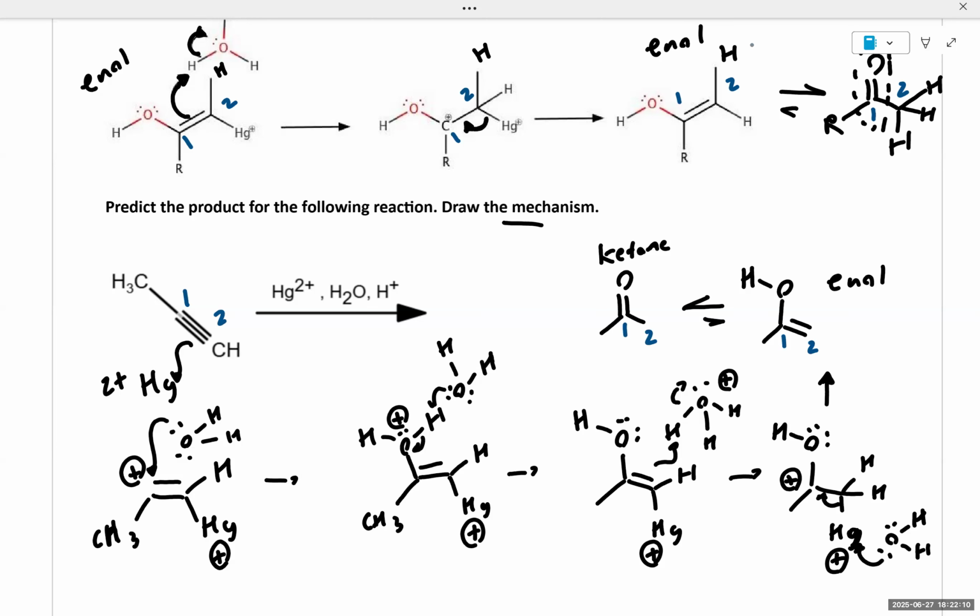So in essence, we again installed a ketone, a carbonyl group, at the most substituted position. So this is the general mechanism for oxymercuration, and we talked about alkyne hydration under acid-catalyzed conditions.